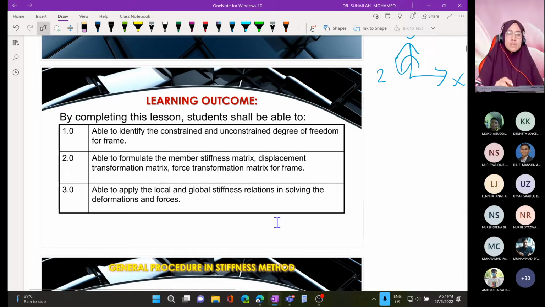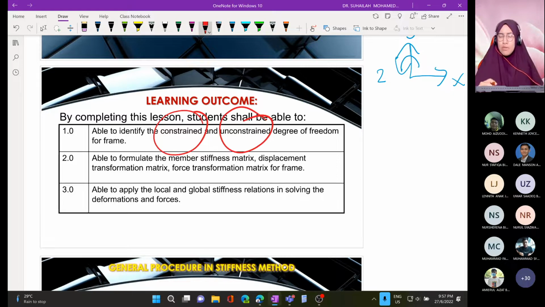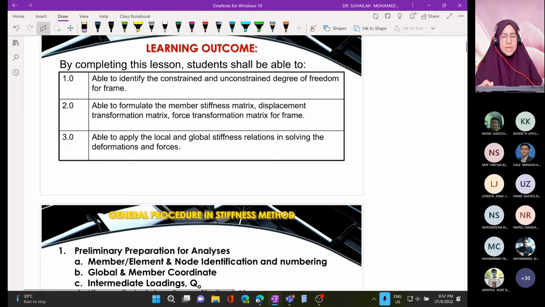Of course, in frame you also have to learn about degree of freedom, constrained and unconstrained. I believe you understand all this. We have to understand the member stiffness matrix, or element stiffness matrix, and then from the stiffness equation, we solve displacement.